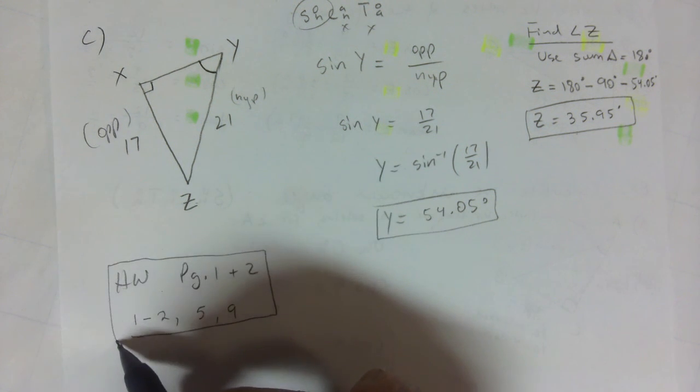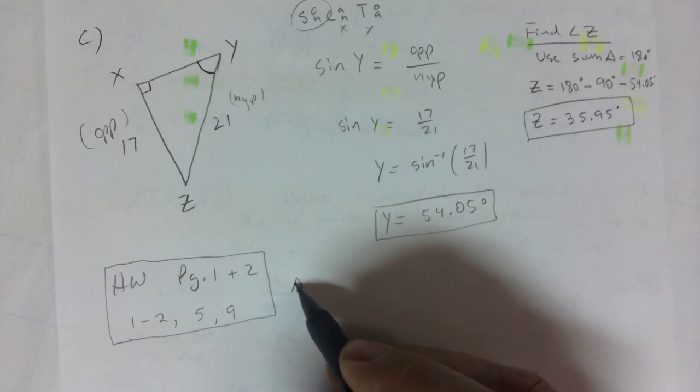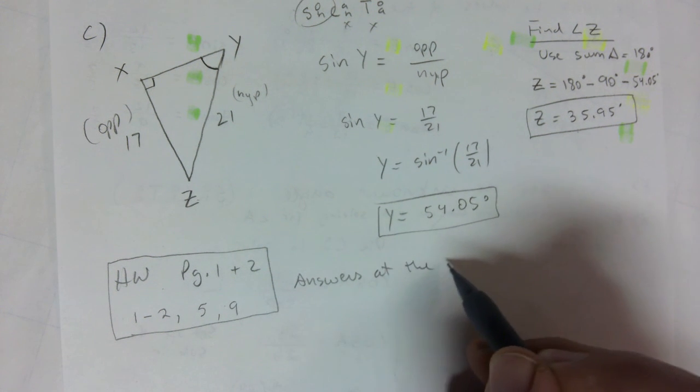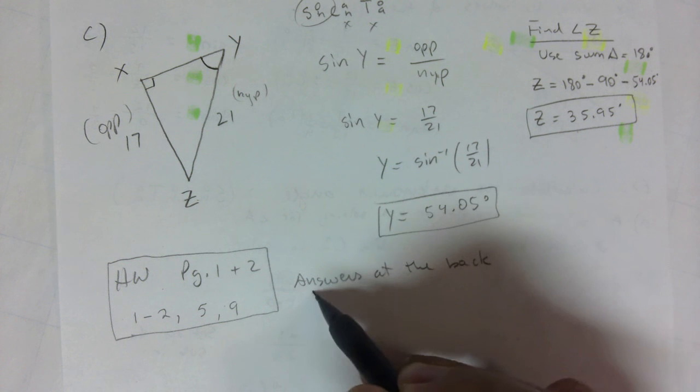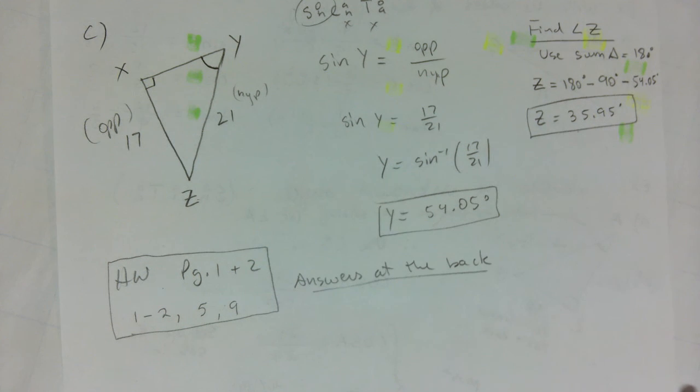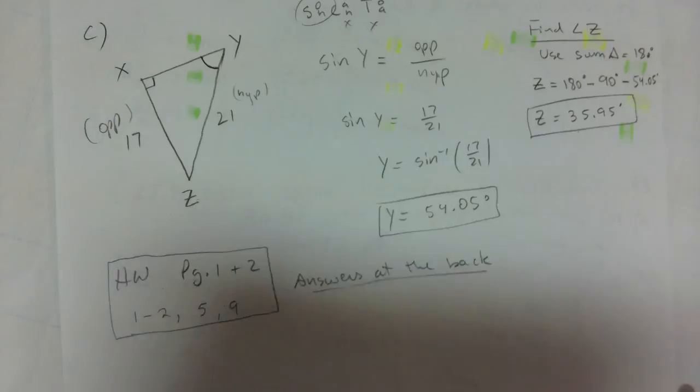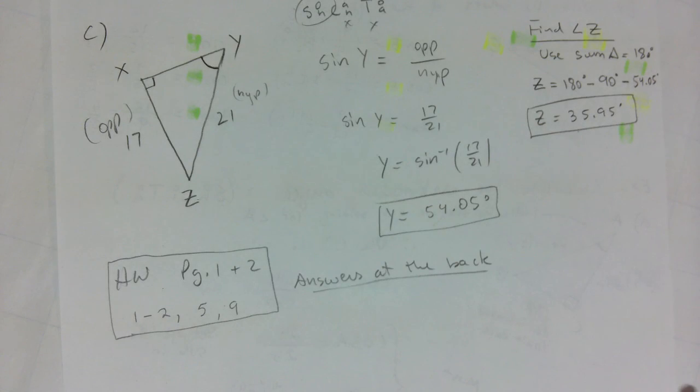Answers at the back. The answer key is at the back of the booklet. It's handwritten, okay? It says at the very last page, pages 1 to 2, and there are the keys. And so you just go and check there.